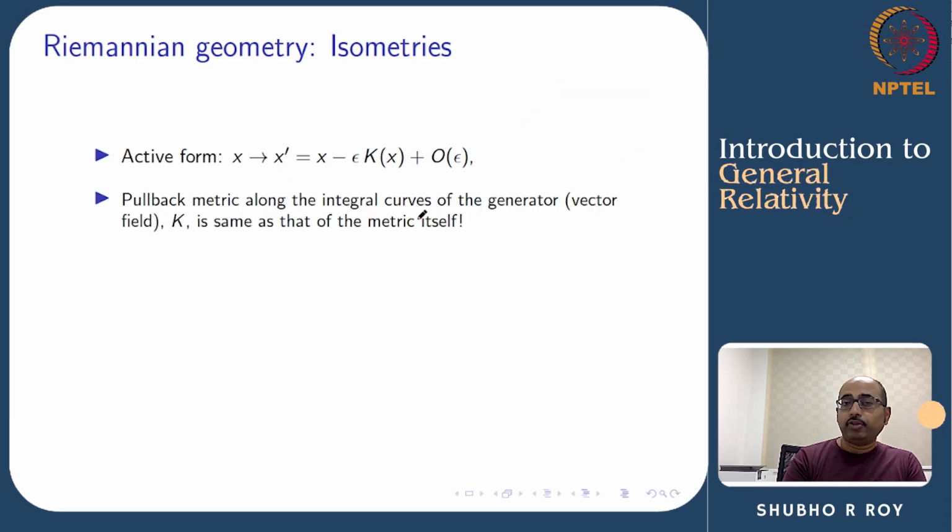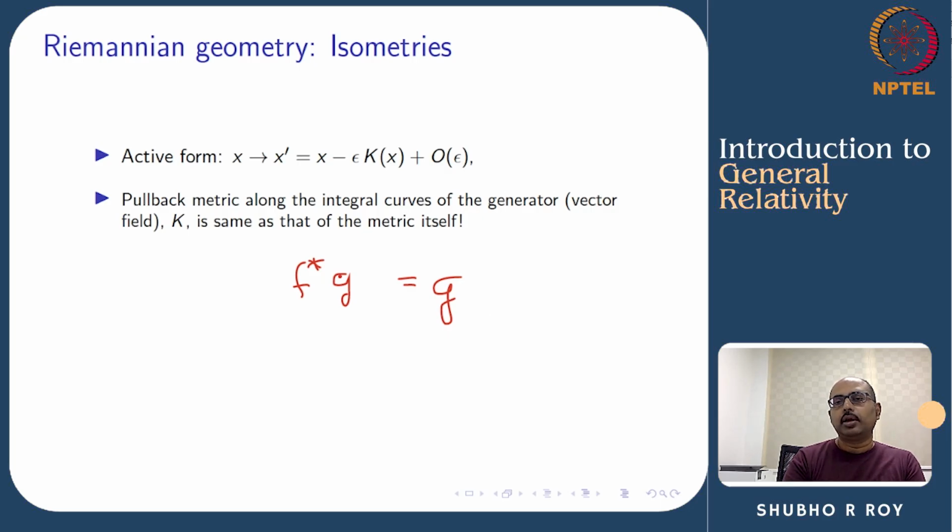The way we define isometry in this language is that the pullback of the metric along the integral curve generated by the vector field k is the same as the metric itself. So under this, the pullback metric, which I would denote by f star g, is the same as the metric field itself at that point.